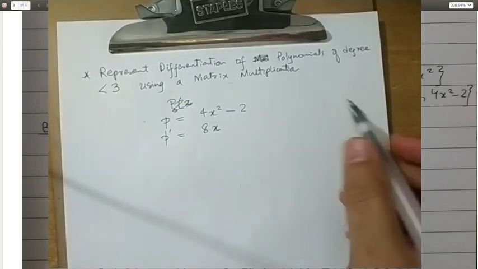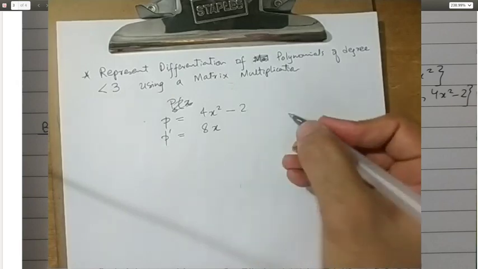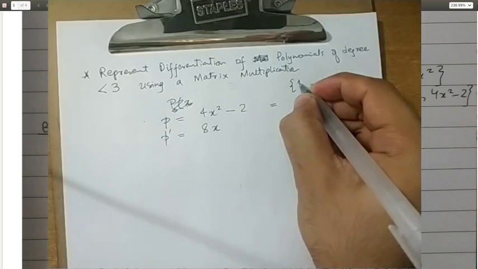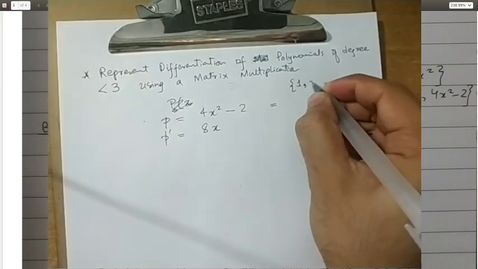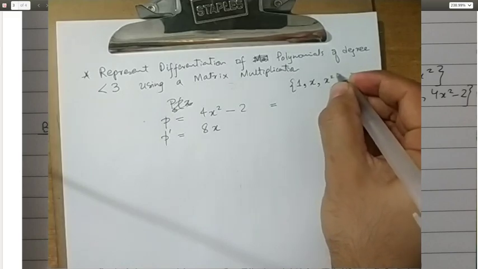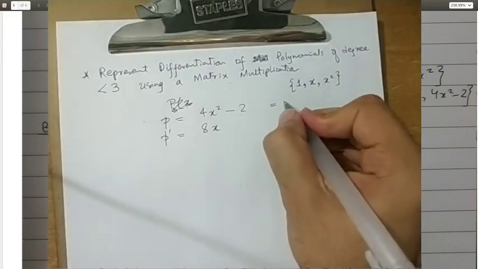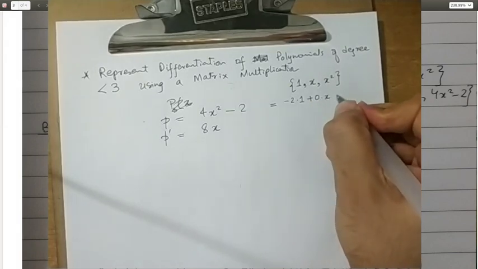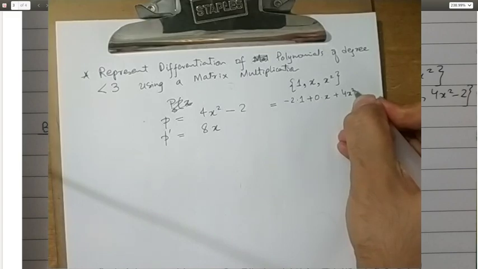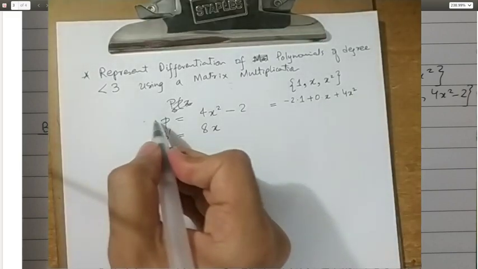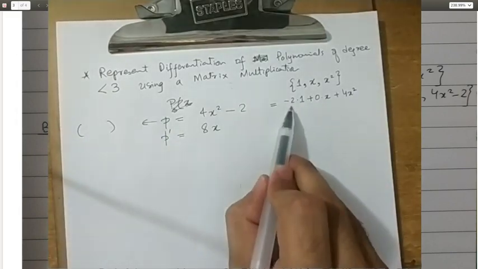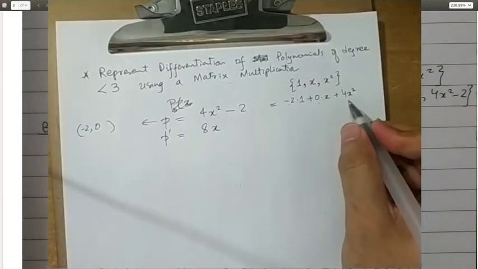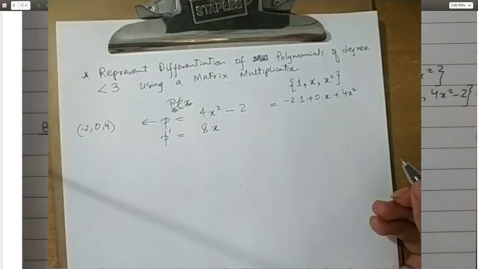Now I can write this in terms of vectors where I choose the standard basis vectors: the constant, the linear vector, and the quadratic vector. Then this can be written as minus 2 times 1 plus 0 times x plus 4 times x squared. So now you've written this polynomial as a vector, the first component being minus 2, the second 0, and the third 4.